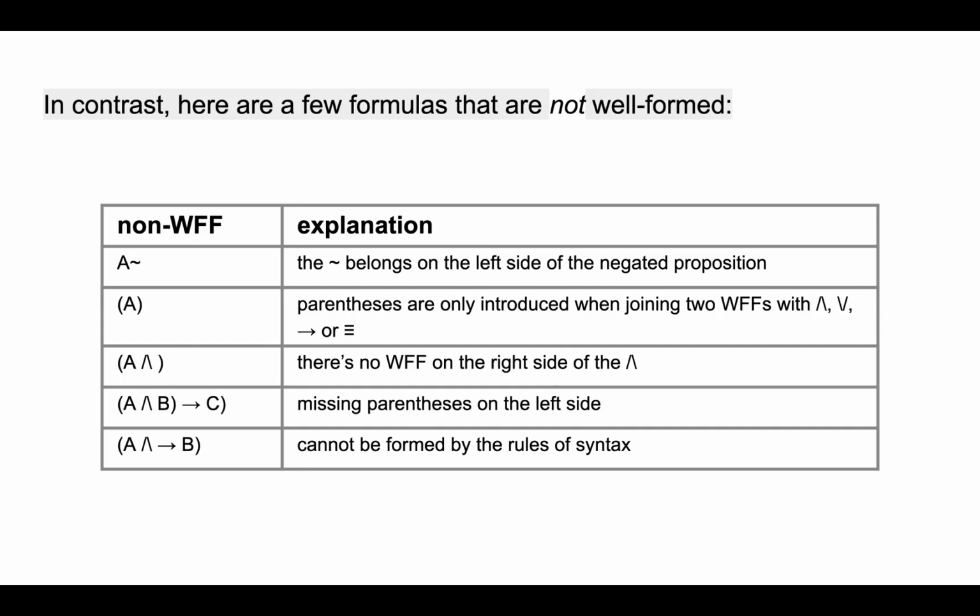Then in the next example, A and B implies C. Here the parenthesis is wrong, closed parentheses are two, but opening parenthesis is only one. That care should also be taken. So this also is not a well-formed formula. And the last one is A and implies B. Again, two operations are given there, but one is not having any variable.